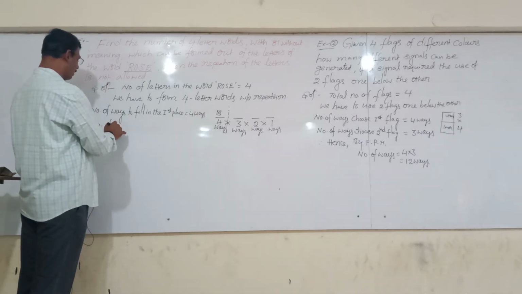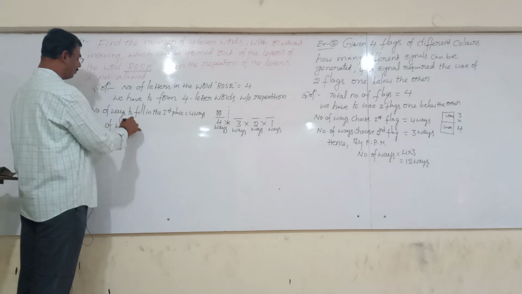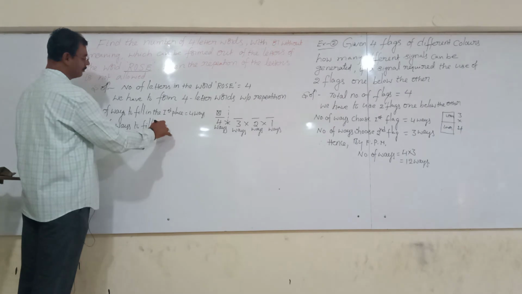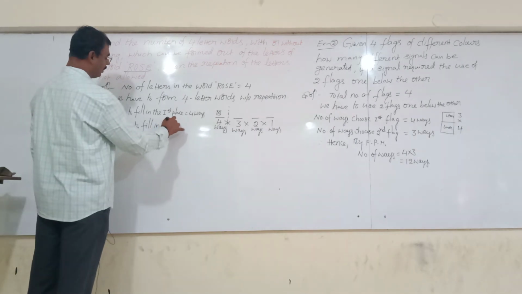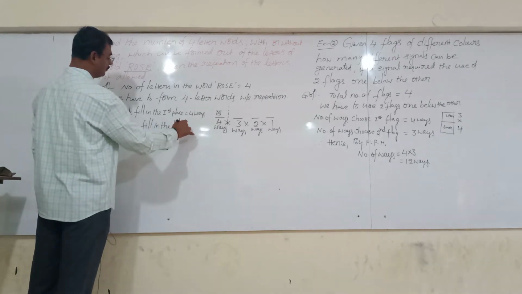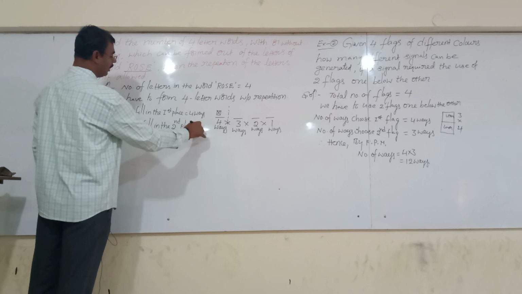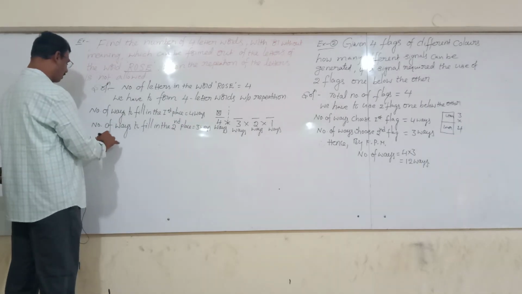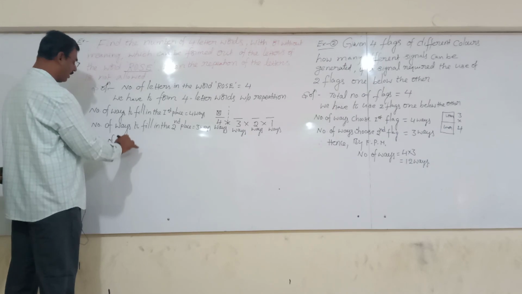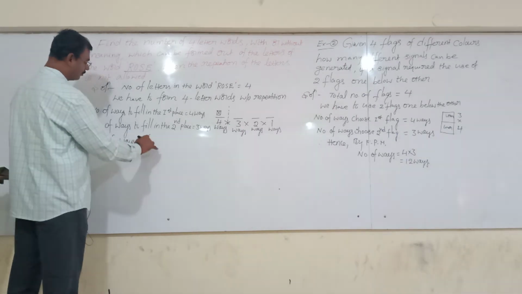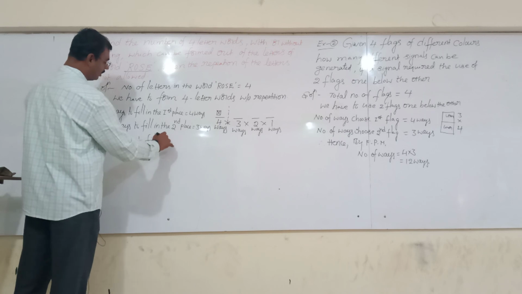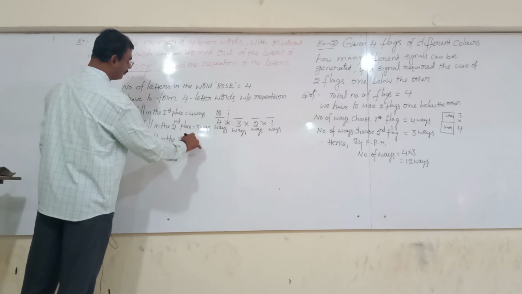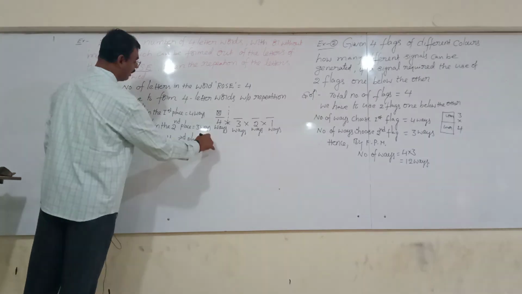Similarly, the number of ways to fill in the second place equals 3 ways. The number of ways to fill in the third place equals 2 ways.